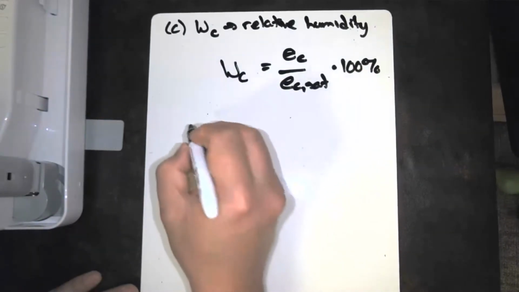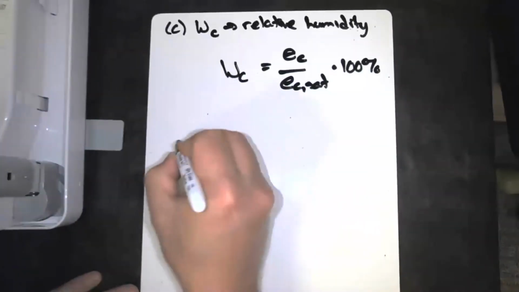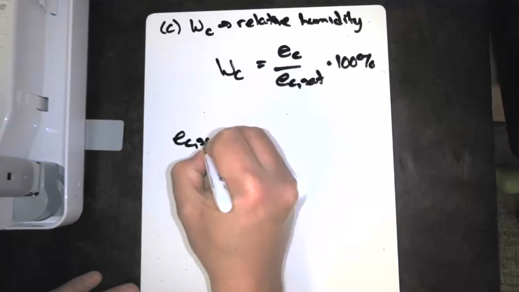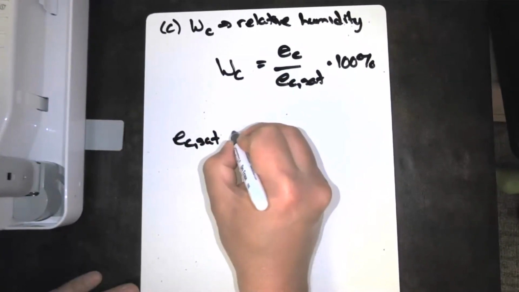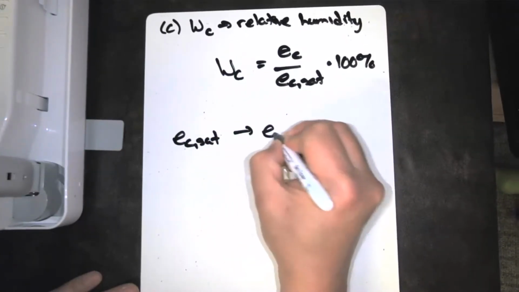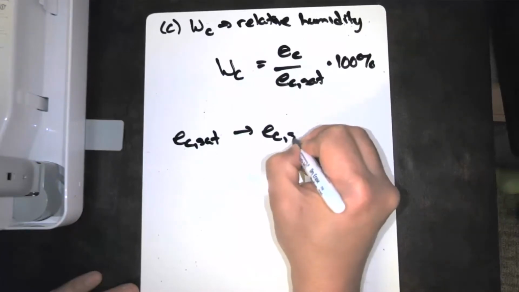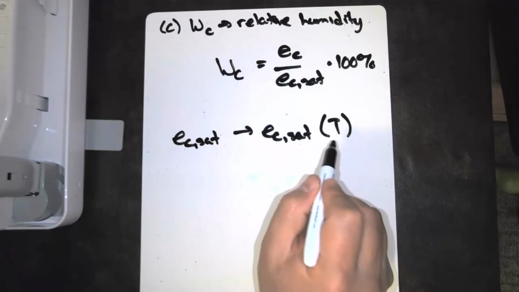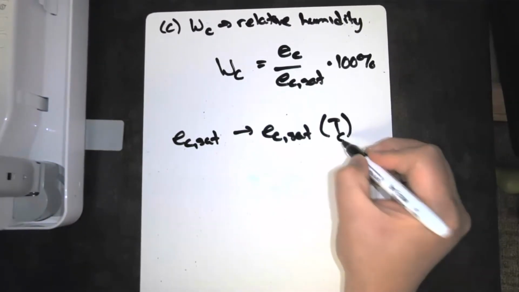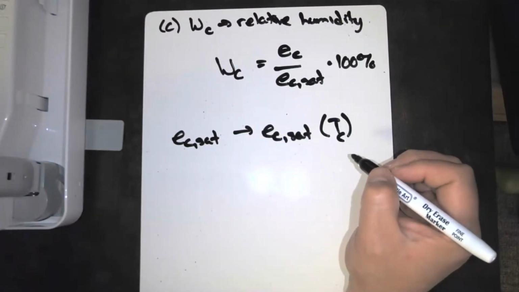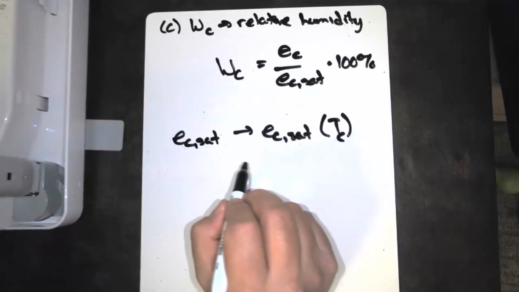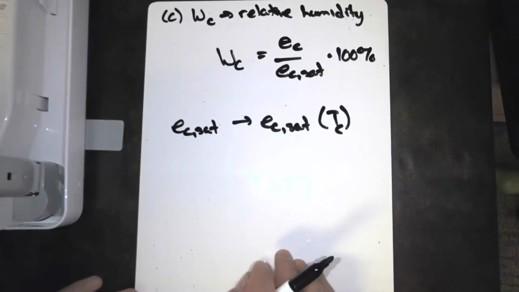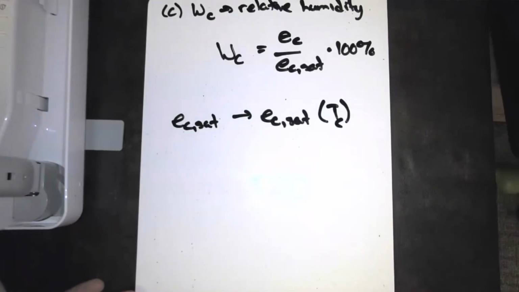Okay, so one quick insight here is that the saturation vapor pressure at any location is only a function of the air temperature of that location. So if we know the air temperature at location C, which we just calculated from problem B, then we can determine what that saturation vapor pressure is. So why don't we go ahead and do that?